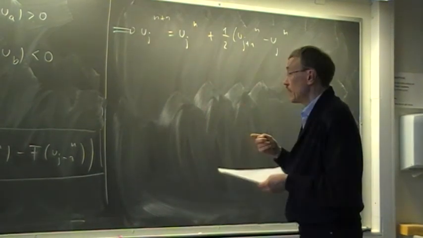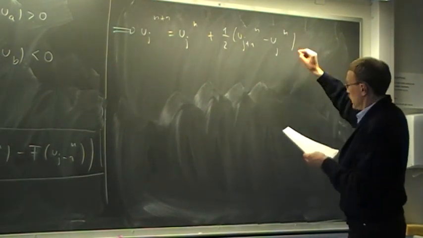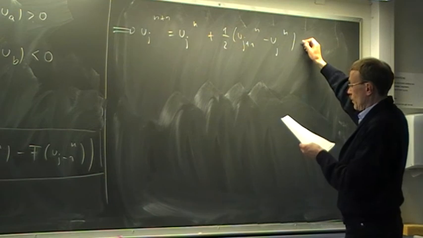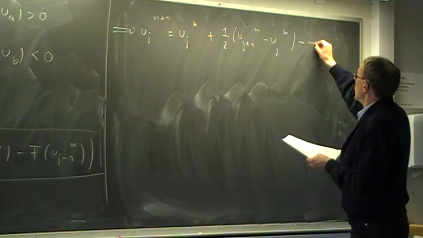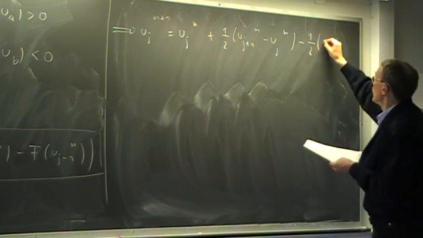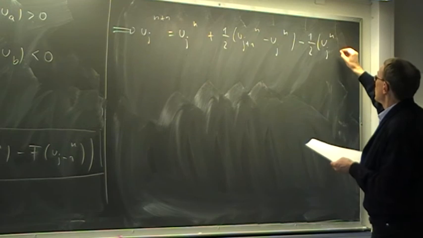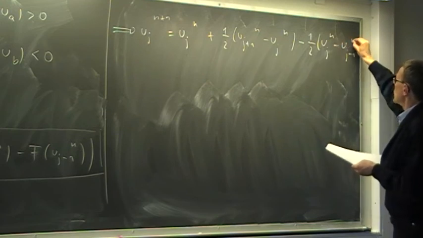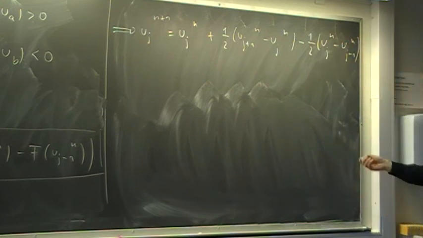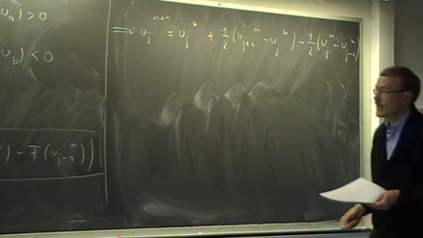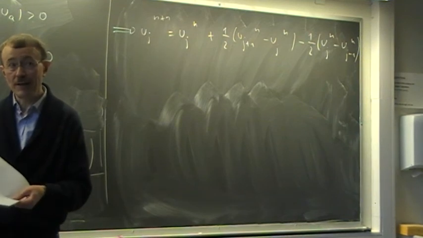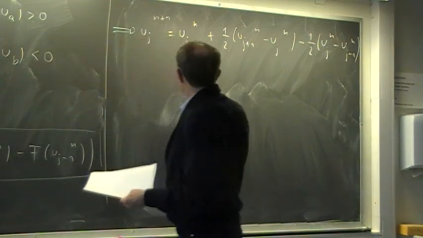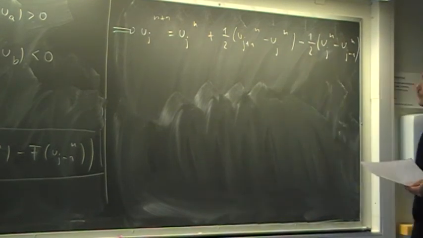We have still to subtract another u_j half. We have then minus 1/2 (u_j^n minus u_(j-1)^n). So this is the same as this one here. We just added u_j^n and we subtracted it in this special form. So we have not made an error here.